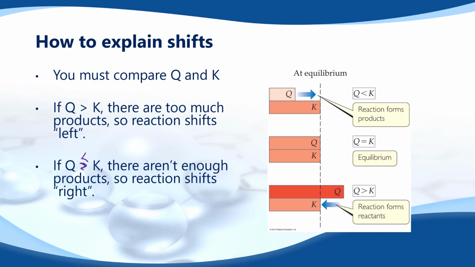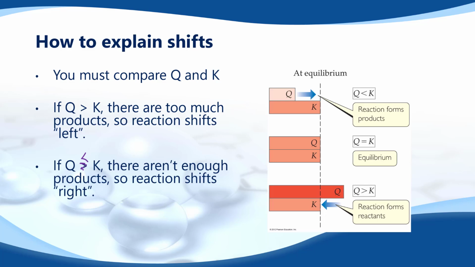If Q is less than K, then that means that you don't have enough products to meet that equilibrium expression. So the reaction is going to shift towards products in order to balance that out. If Q is greater than K, then you have too much product, so the reaction will shift towards reactants. Right?